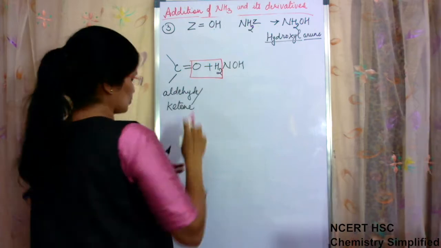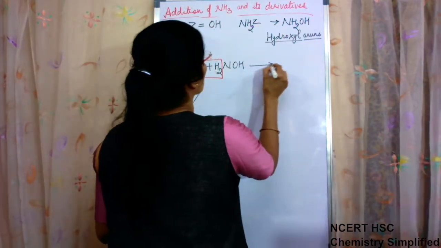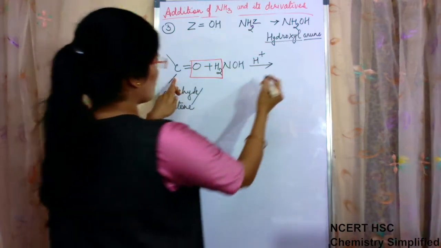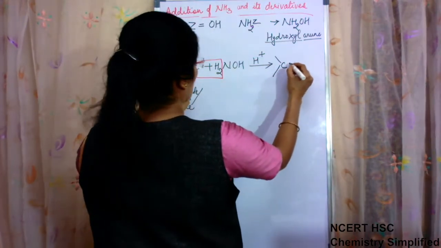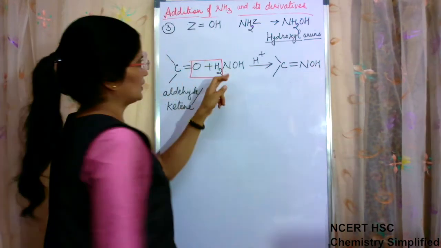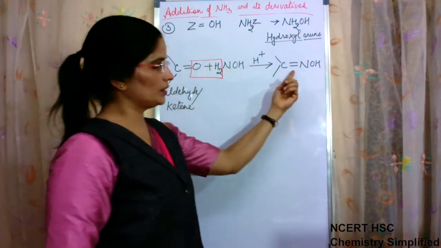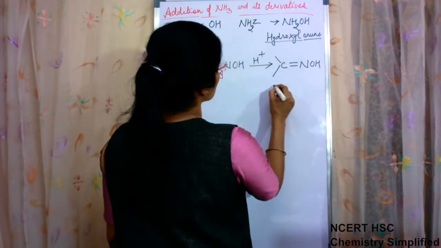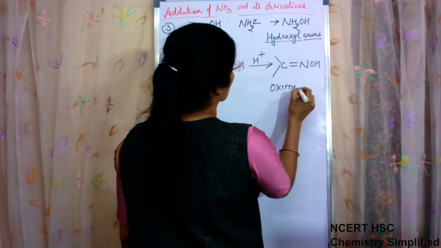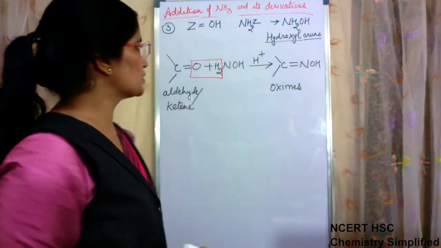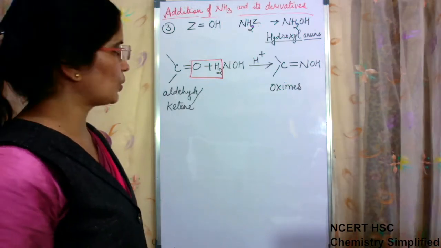Water is going to be eliminated in presence of acid, and the product is C double bond NOH. N bonded to C by a double bond, and these products are known as oximes. Hydroxylamine gives oximes as product with aldehyde or ketone.